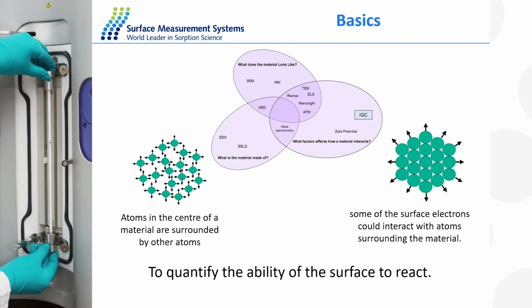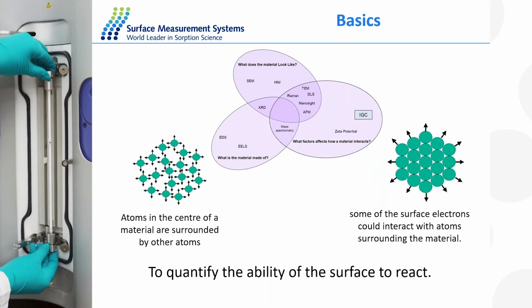When we're looking at analyzing a material, there's a few things that we can possibly answer by using different techniques. So what does the material look like? For this, we can use scanning electron microscopy and other microscopy methods. And we can also understand what the material is made out of using techniques such as XRD, EDS, and EELS. On this side, we're looking at atoms in the center and in the bulk of the material, which are surrounded by other atoms.